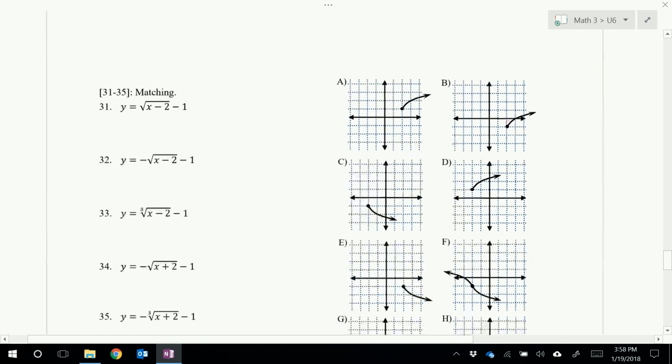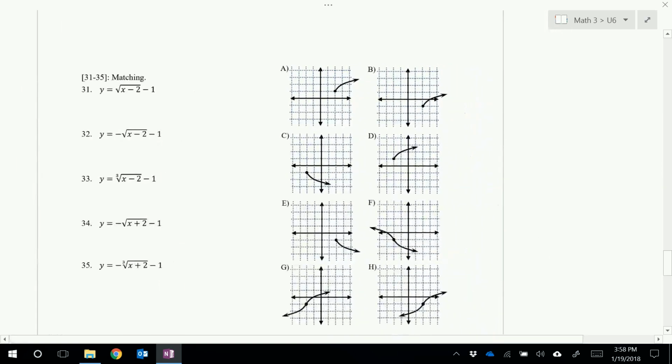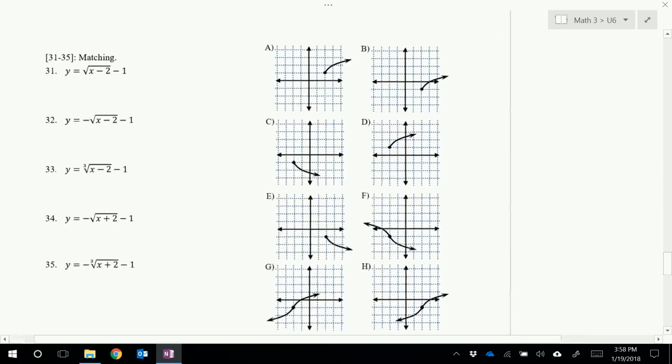Okay, here 31 through 35 we're matching, and I'll do some of the odds.